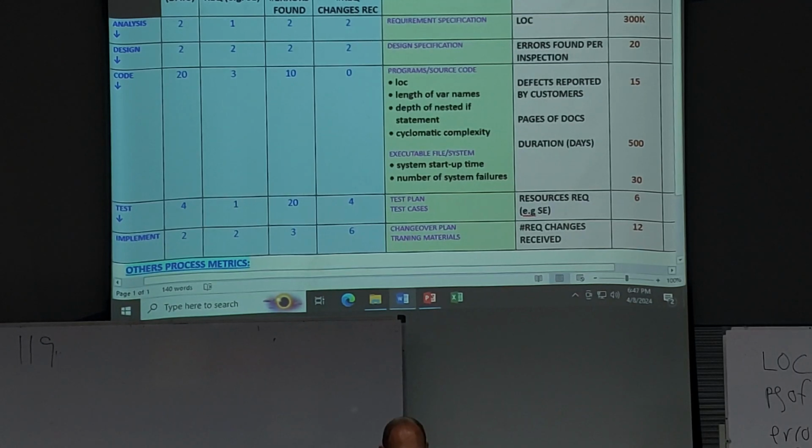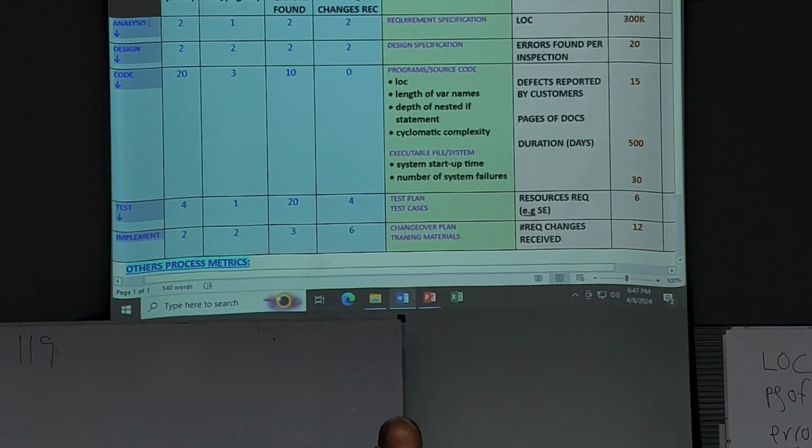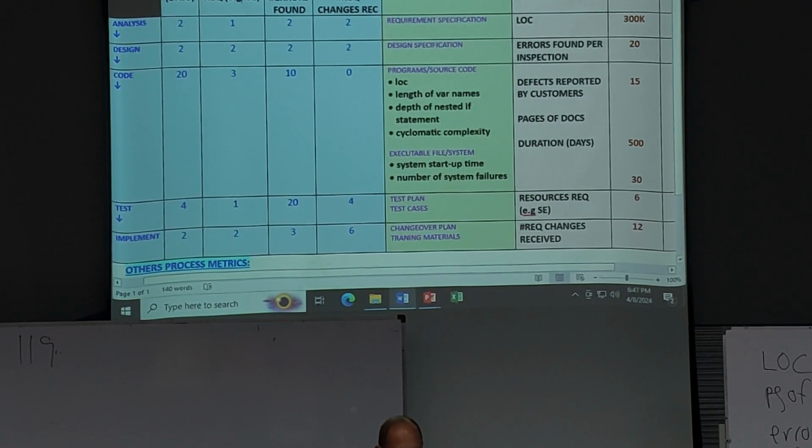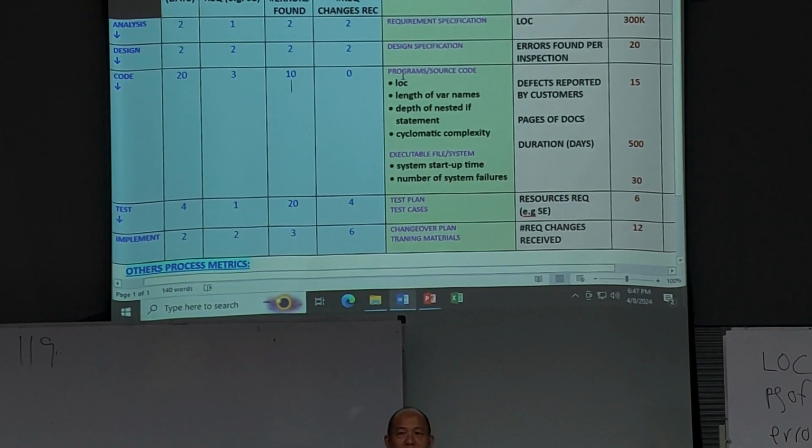So for process metrics, what are the things that we can measure? Time, from start to end, or the time for individual stages. Resources for the whole process, or the resources needed for each stage. Errors found in each stage, and total errors found from start to end.